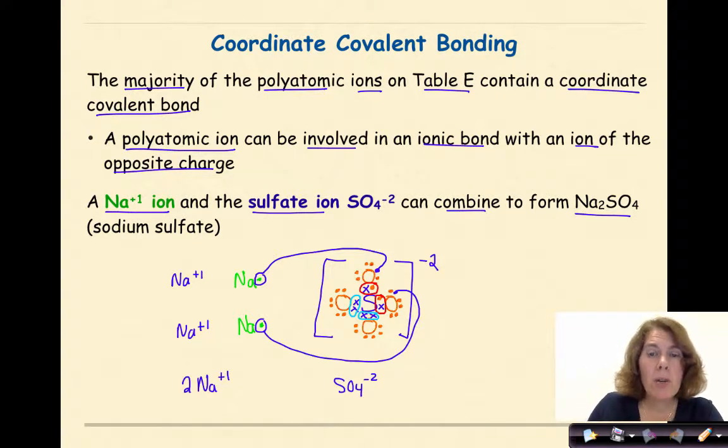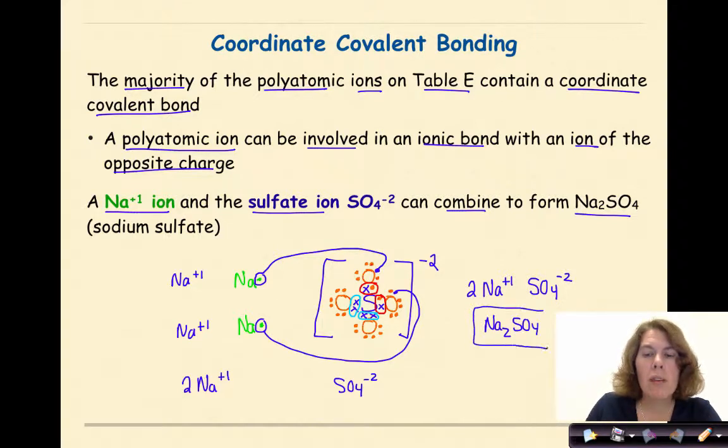And ultimately what you're going to see is that the 2 sodium ions are going to combine with the 1 sulfate ion, SO4 minus 2. And since there's 2 here, we're going to say, well, I need 2 sodiums to cancel out that negative 2 on the SO4, and I'm going to be able to make this formula.